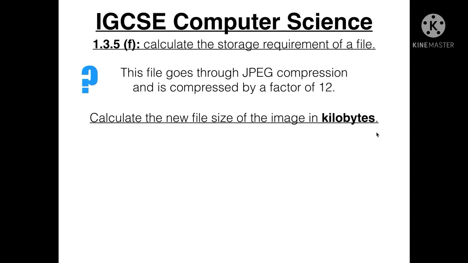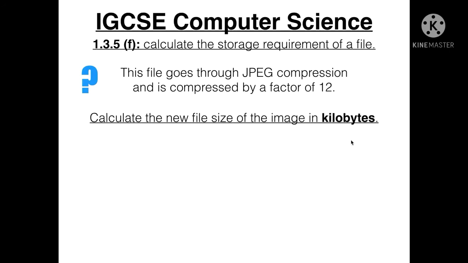So you've got to be careful when they say in this unit, because what people could do is they don't read the question properly, so they say, oh, okay, let's compress this by a factor of 12. There, this is the answer in megabytes.